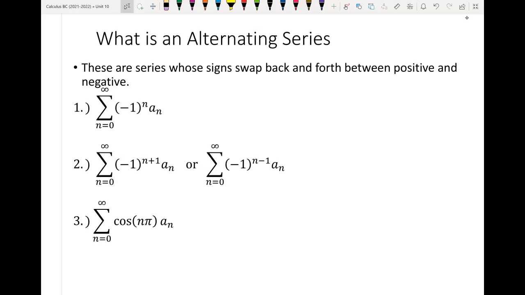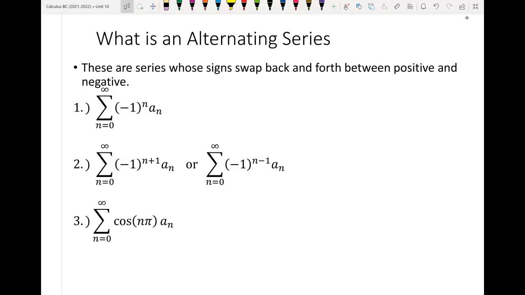So we have really three ways that you will probably see an alternating series written. The first one is just (-1) to the n power. That's that alternating component. Or it could be (-1) to the n plus 1 or (-1) to the n minus 1. That would do the same thing.